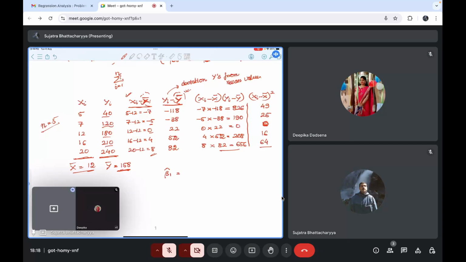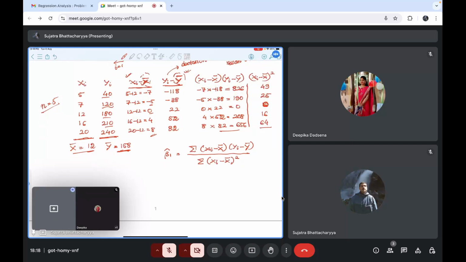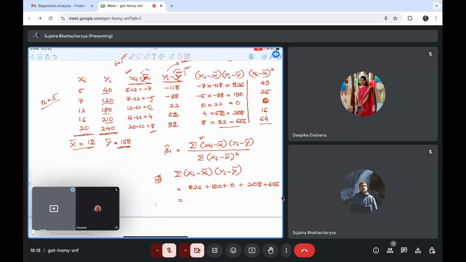So let me write it again. Beta 1 cap is the summation of xi minus x bar into yi minus y bar, divided by the summation of xi minus x bar whole square. Correct? So we need to calculate this. You have to add all these: 826 plus 190 plus 0 plus 208 plus 656.